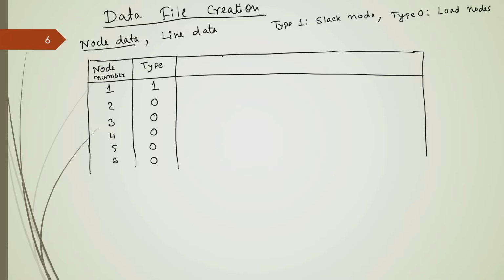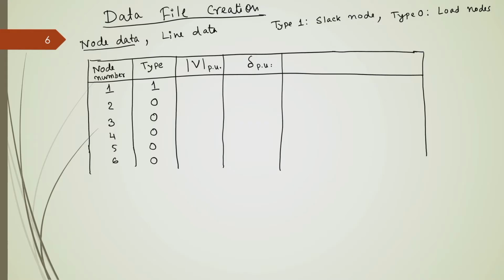Then we will have the information of bus or node voltage magnitude V, and angle. The angle can be in per unit or in degree. This V we represent in per unit. What is per unit, and how to convert to per unit, I will come to that.